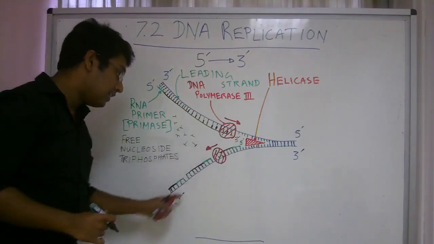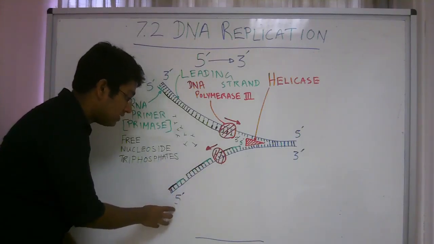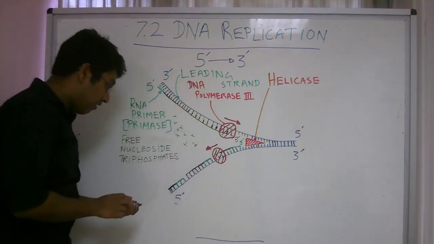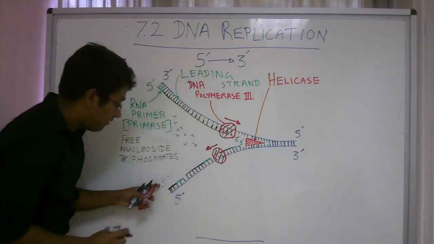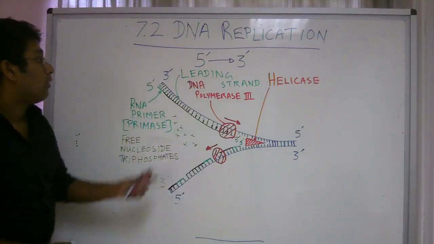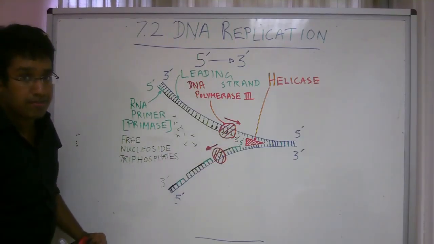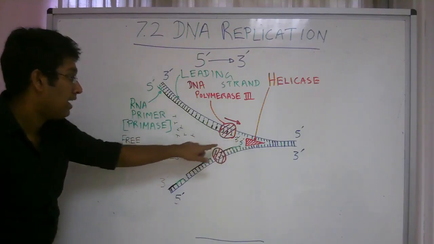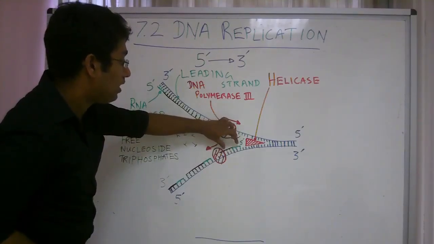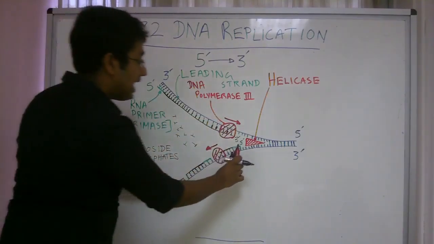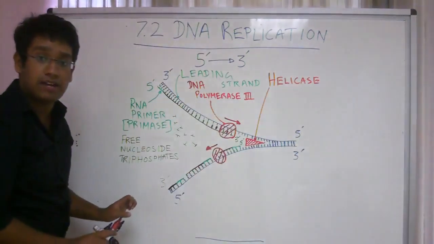However, on the other strand, there is a problem, because the blue molecule ends with a 5' end here. Therefore, the newly synthesized molecule would have a 3' end here. Now, DNA polymerase III cannot begin with a 3' and work inwards towards 5'. It can only start from 5' and work outwards. The result is that while DNA polymerase III works away from the replication fork, helicase would unzip further, and then this enzyme would go there and create another short fragment.